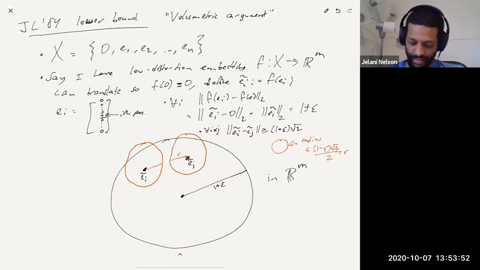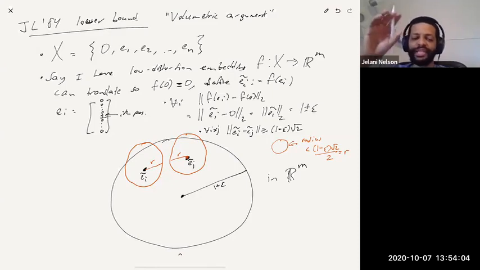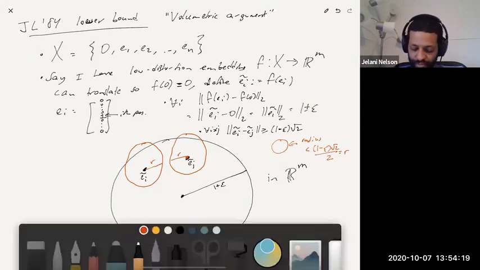These balls have to be disjoint. Because if they were not disjoint, there's some point in the intersection, let's call that point x. Then by triangle inequality, I could go from ei tilde to x, and from x to ej tilde, so I would have a path of length at most 2r between them, which means the distance between them is at most 2r. But I know that's not true. I know their distance is at least 2r. So all these balls are disjoint.